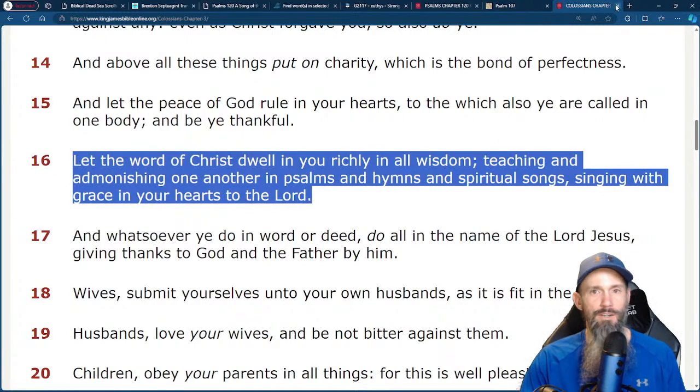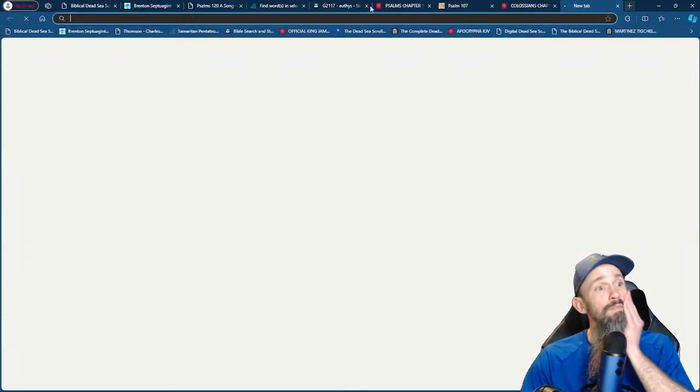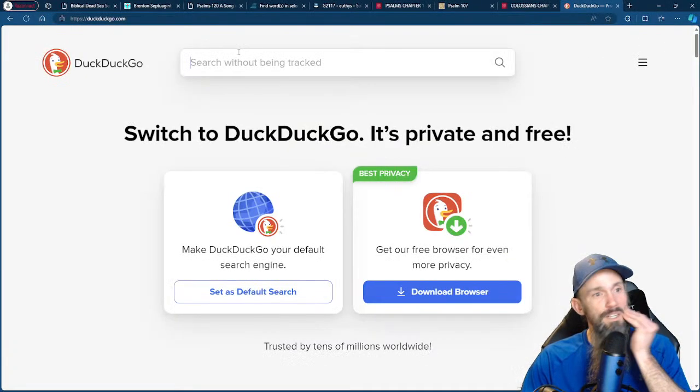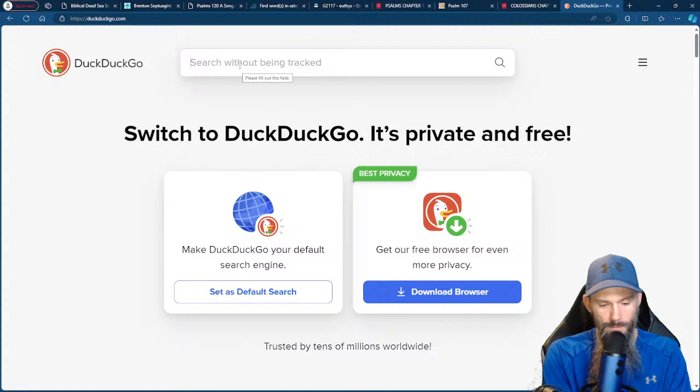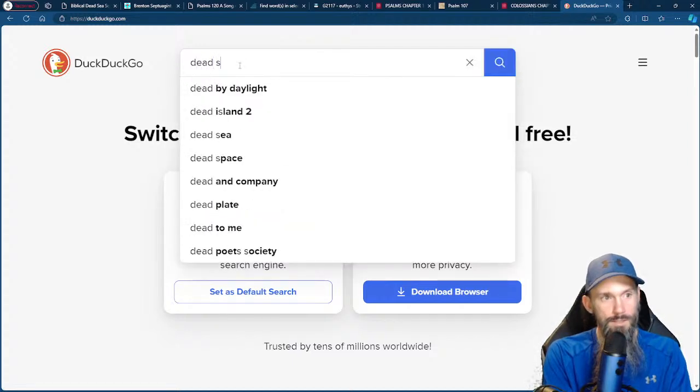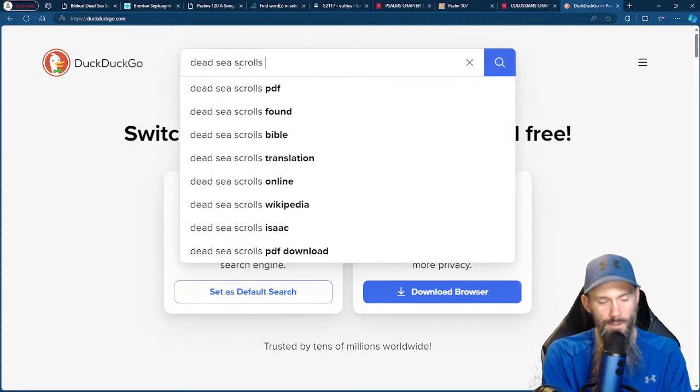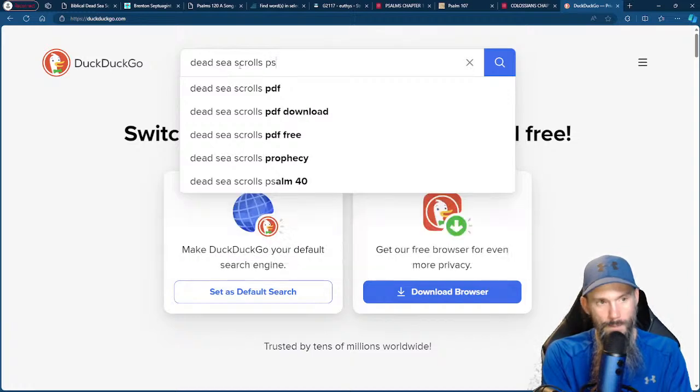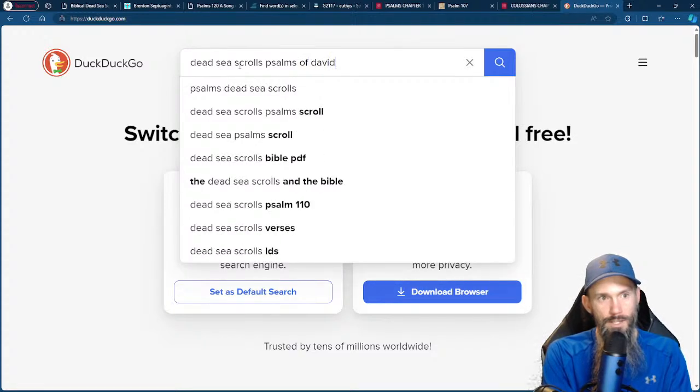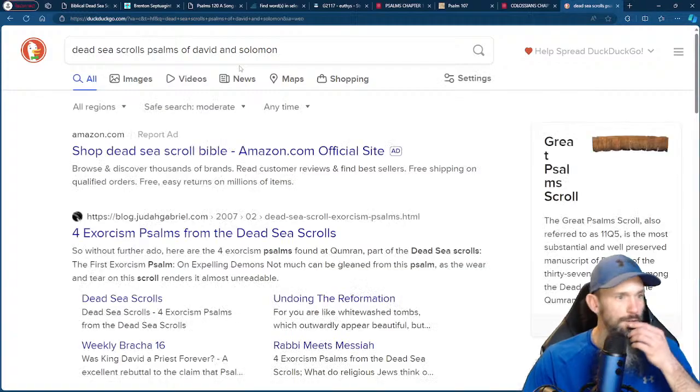Yeah, and checking, looking at, what's that in there? Dead Sea Scrolls. David, Solomon, and there's Joshua in there too.